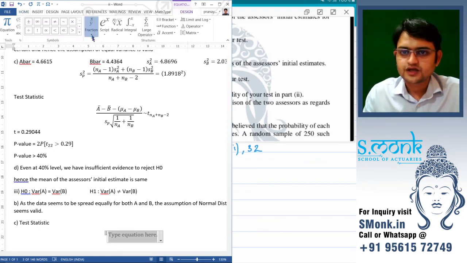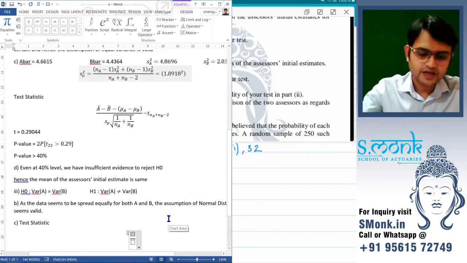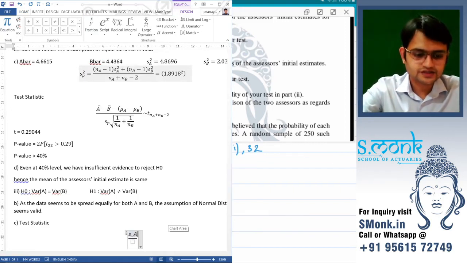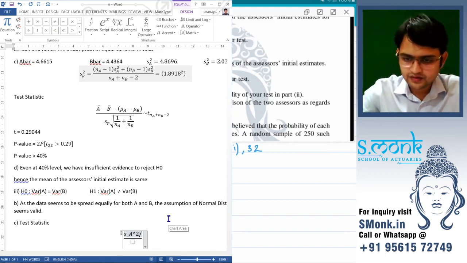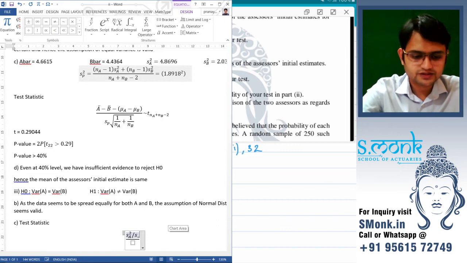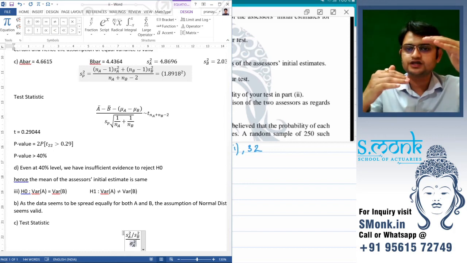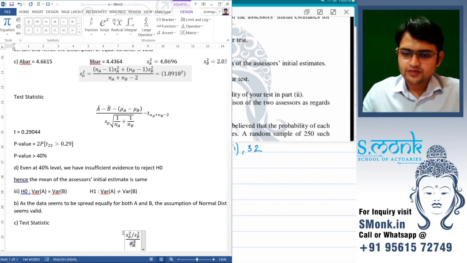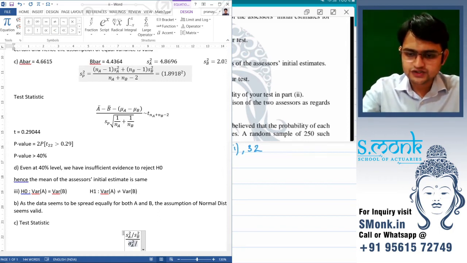In equation design I would go for fraction, and here I will have SA square divided by SB square, upon sigma A square divided by sigma B square. Again, I do not want it to make more fractions of those, so I always use backslash and then forward slash, so that it does not go to that fractional section.